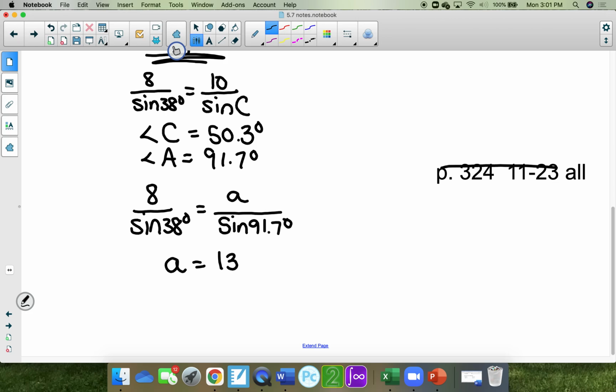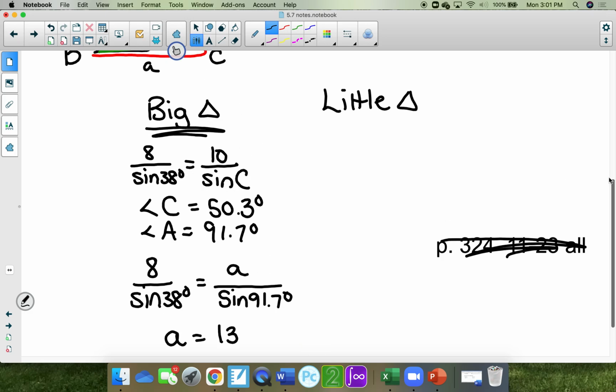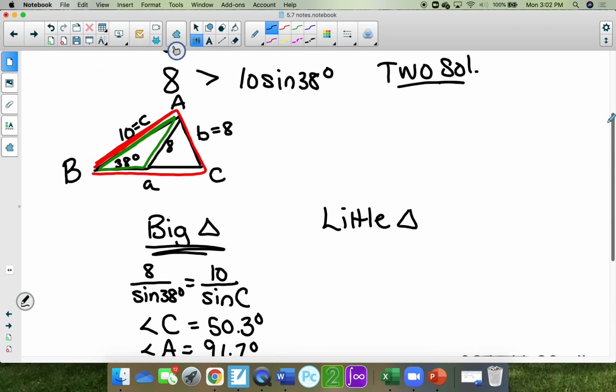Okay, now, on the little triangle, this is really important to understand how to do the little triangle. And the little triangle is this. So this stands for the big triangle, right, which is 50.3. Okay? This is an isosceles triangle. This is also 50.3 right there.